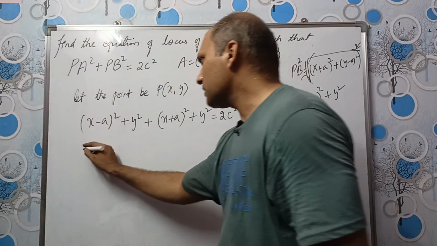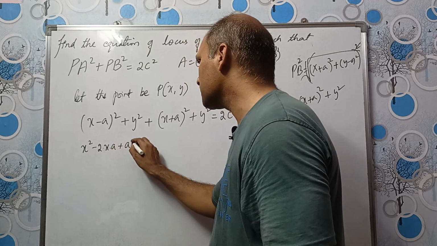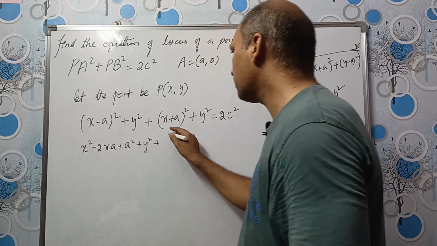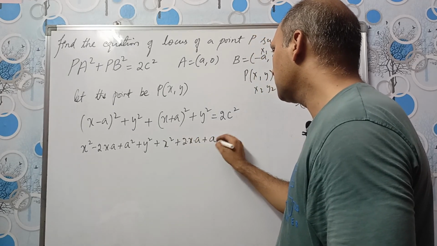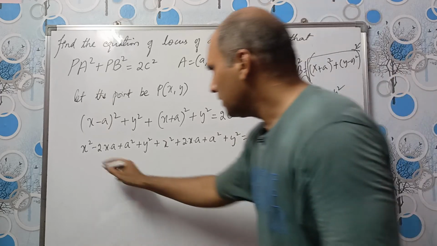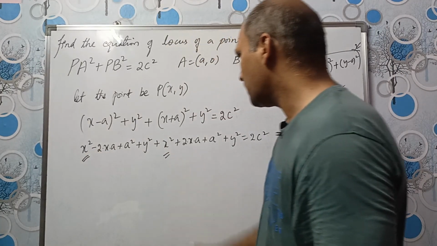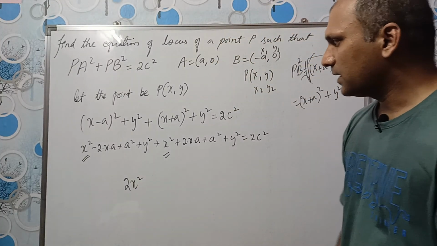Alright, let us expand this. So it is x square minus 2 into x into a plus a square plus y square, plus x square plus 2 into x into a plus a square plus y square, is equal to 2c square. So how many times x square do we have? 2 times. So this is 2x square. Okay.